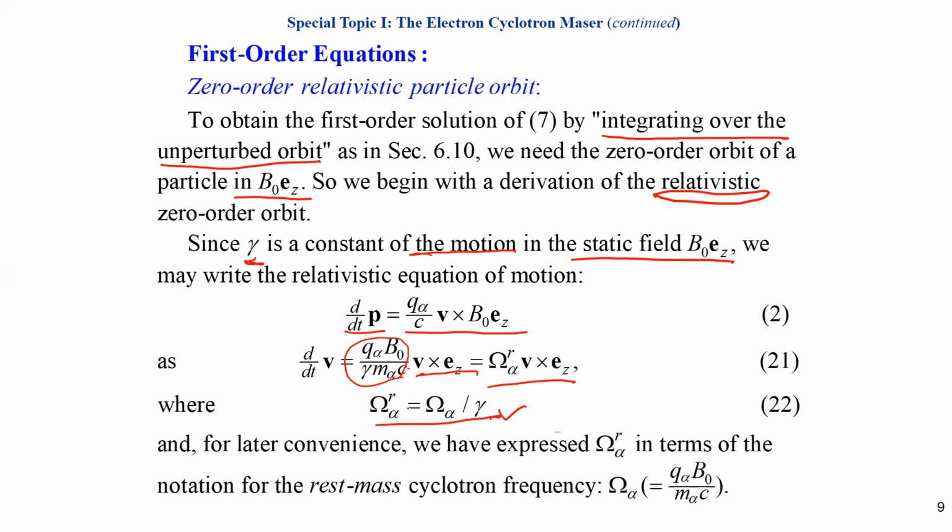We have omega alpha here, that's the traditional non-relativistic, but with relativistic correction, we have R here. In terms of notation, rest mass spectrum frequency. Okay, that's non-relativistic. That's relativistic.